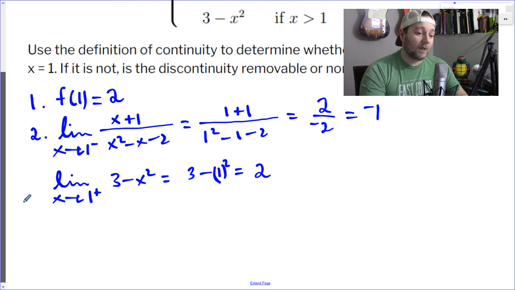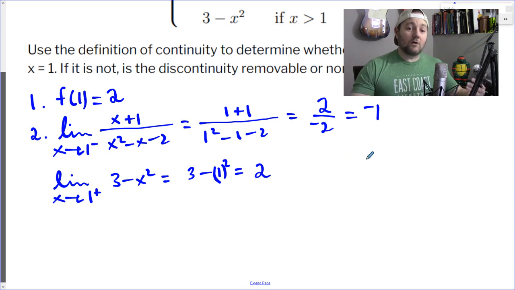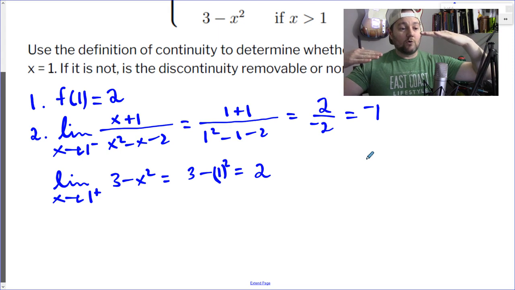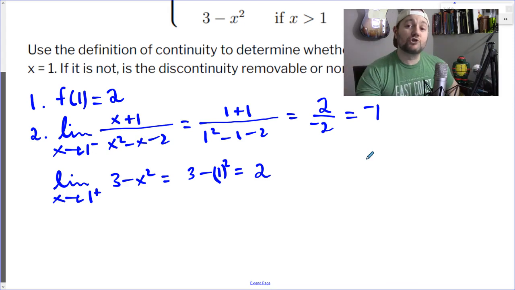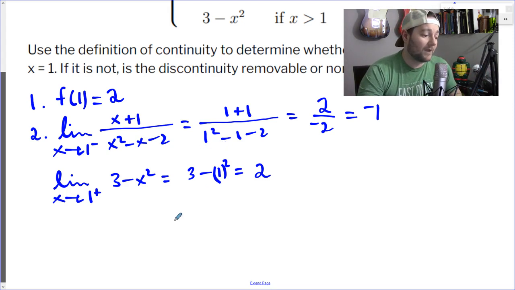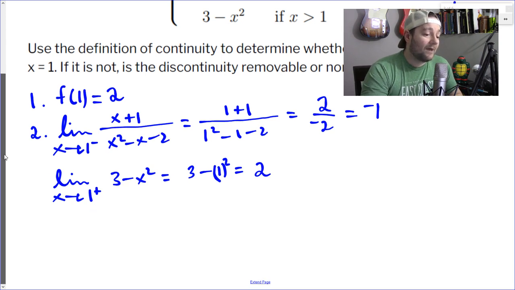You have one bridge coming this way and one bridge coming this way, and they don't meet in the middle. There's a jump you would have to make. If you're walking across the bridge, there'd be a gap or a little step you'd have to jump. So that's a discontinuity. If we were drawing the graph, we'd have to lift our pencil to make that happen.